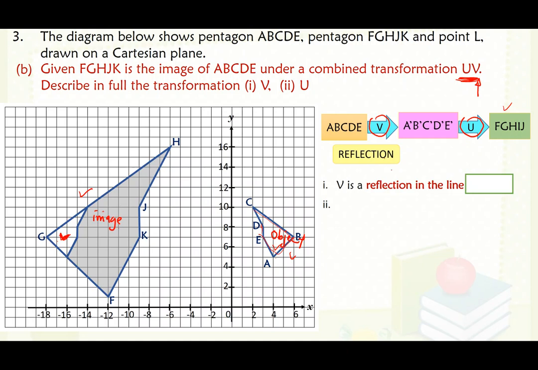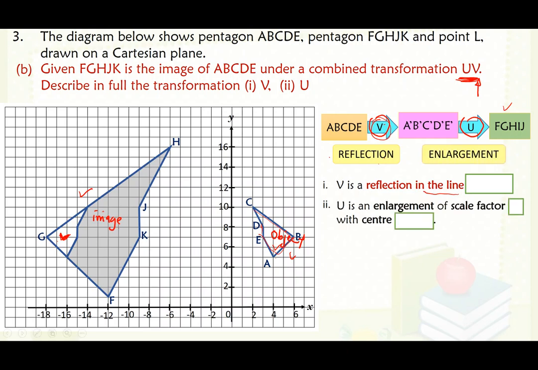How you write the reflection? So V, this V is a reflection in the line 1. Enlargement, U is an enlargement of scale factor with center 1. I need true information. Reflection, the first thing what you need to do, determine the corresponding point.